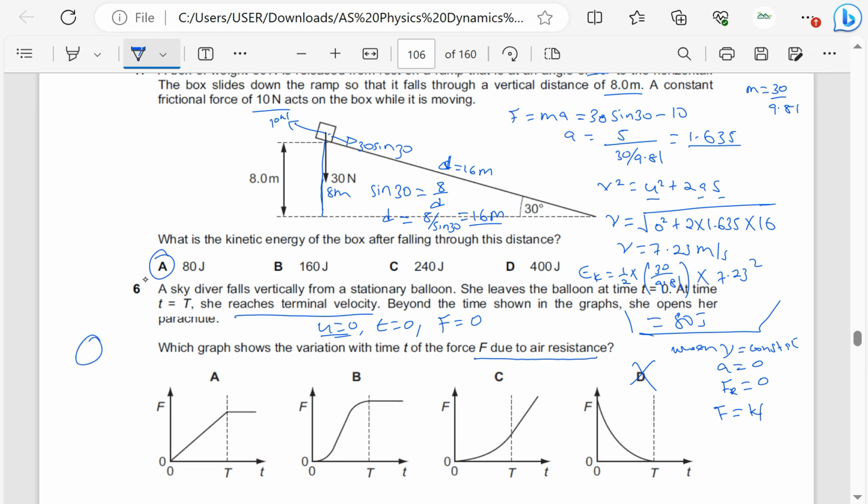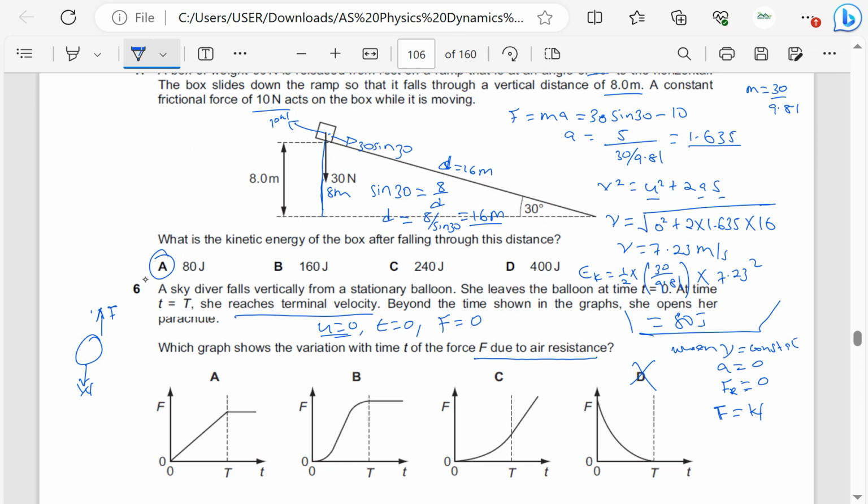Think of an object falling: the weight is downwards, and the resistive force F is upwards. So if there is no acceleration at constant velocity, it means the resistive force is equal to the weight. At that point, when we reach terminal velocity, the resistive force is equal to the weight.